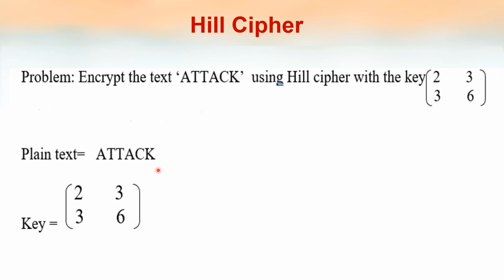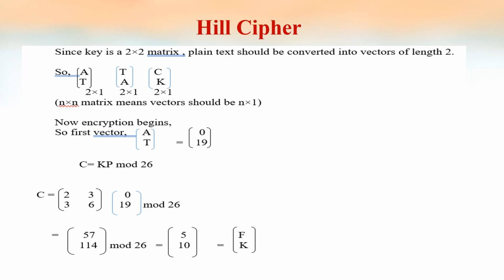So the plain text also has to be converted into 2 by 1 matrices. First AT is a 2 by 1 matrix, then TA, again CK. So these three 2 by 1 matrices are formed.